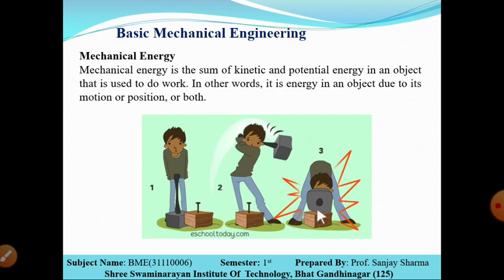As soon as this nail enters, we can say the work is done, and mechanical energy is liberated. When physical energy is transferred, there is some motion, displacement, change in position or change in shape of the object. So this is termed as mechanical energy.